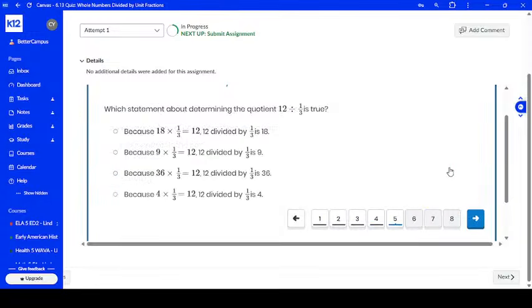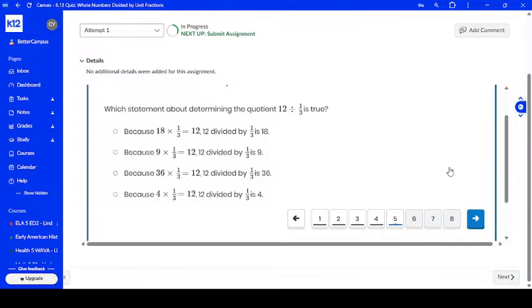Which statement about determining the quotient 1 divided by 1/3 is true? Is it A, because 18 times 1/3 equals 12, and 12 divided by 1/3 is 18? B, because 9 times 1/3 is 12, and 12 divided by 1/3 is 9?